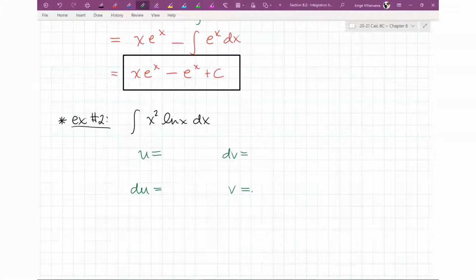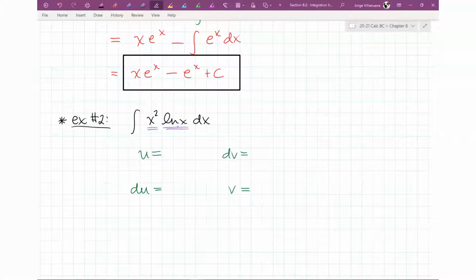So what of those two pieces, x squared and ln of x, which one don't I know how to integrate? I'm talking about x squared or ln of x. Which one don't I know how to integrate? In other words, if I told you integrate this, you'd say, I have no idea how.